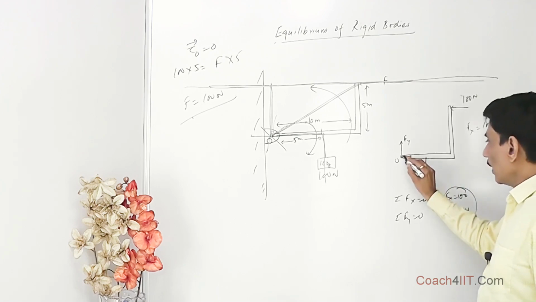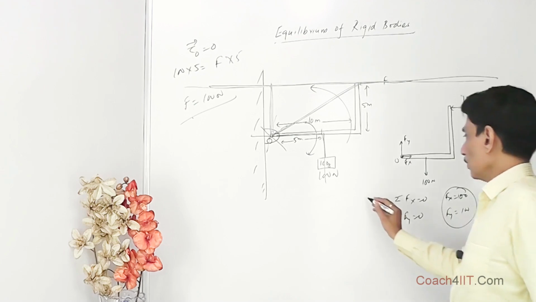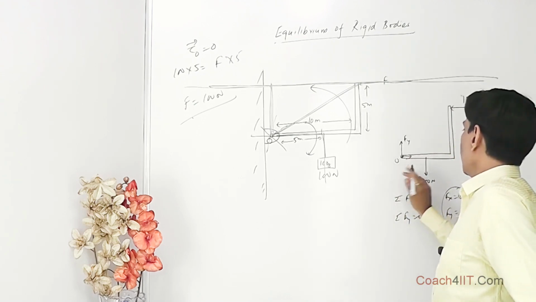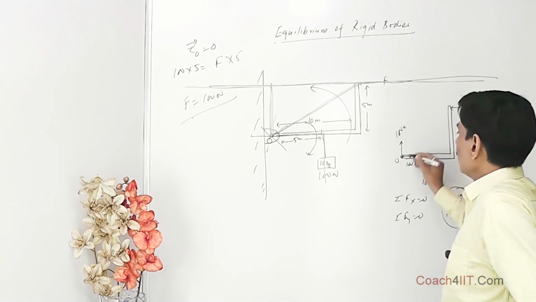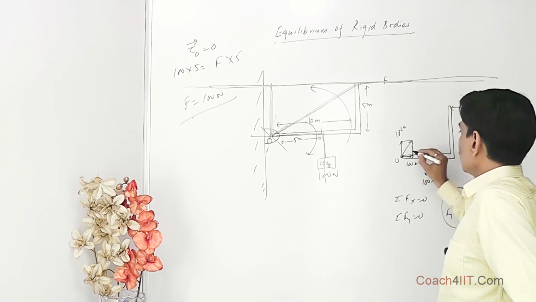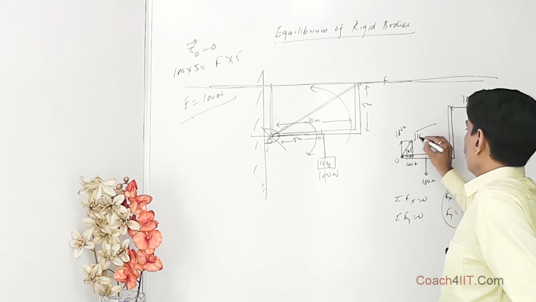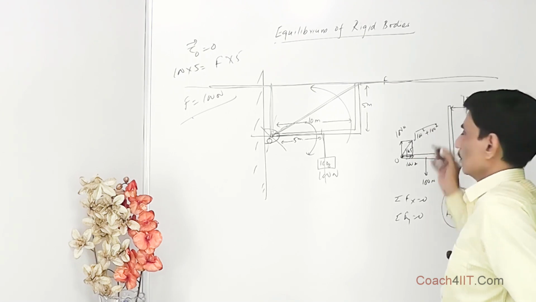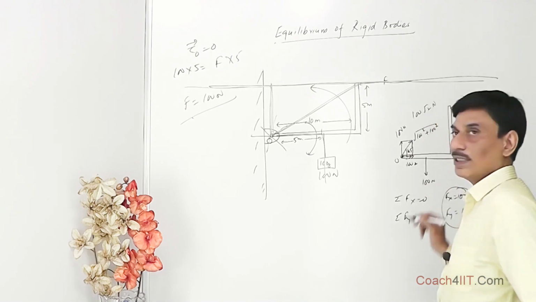So it means at this point the rod experiences two forces, 100 Newton this way and 100 Newton this way. Can we find the net reaction force over here? Certainly. It is going to be in this direction at an angle of 45 degrees, and its magnitude is under root of 100 squared plus 100 squared, that is 100 root 2 Newton in this direction.